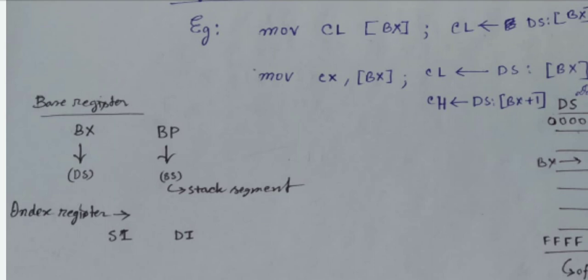And BP is the base pointer, only used in the stack segment. We have two index registers, that is source index and destination index, SI and DI. These are all the general points on indirect addressing modes.